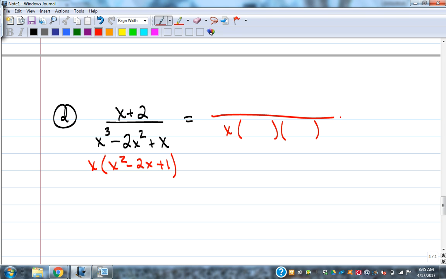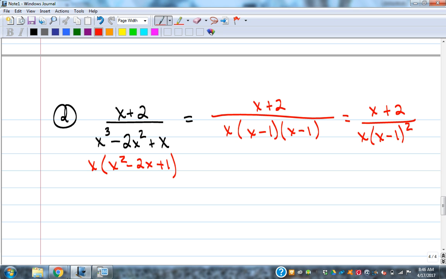That trinomial here, x squared minus 2x plus 1. Yeah, x minus 1 and x minus 1. And that's x plus 2 still on top. So I'm going to rewrite that as x minus 1 squared, like that, okay? That's the way you want to rewrite that, because that's how you would normally write that anyway.